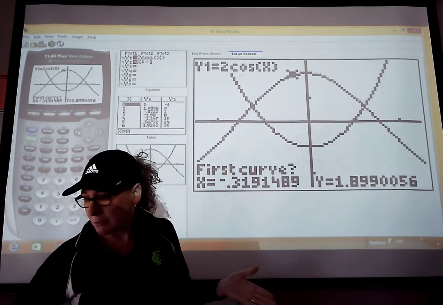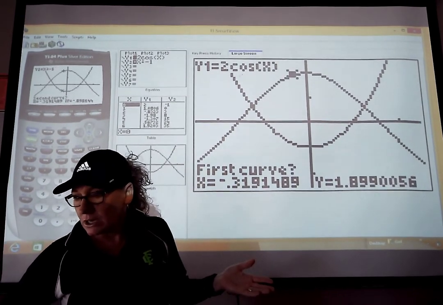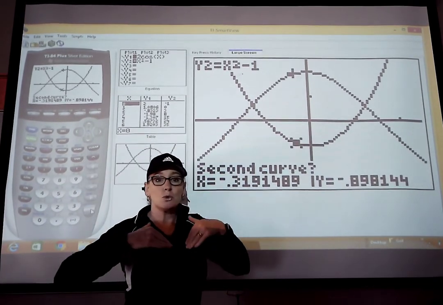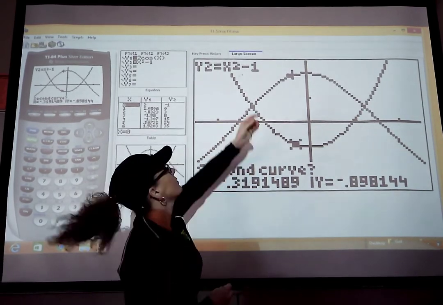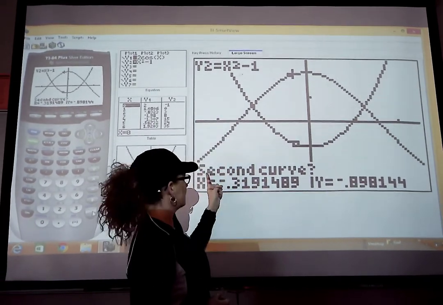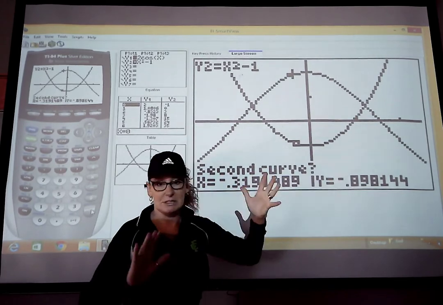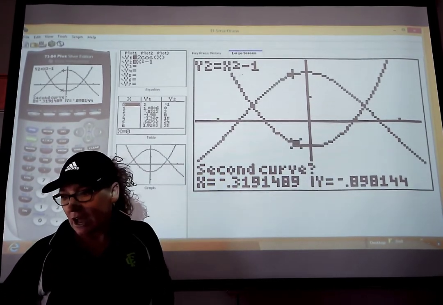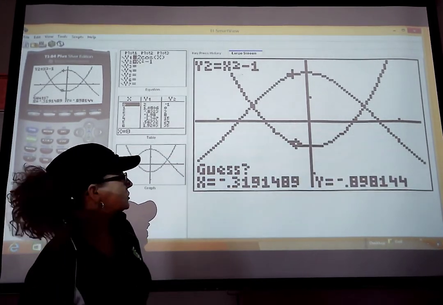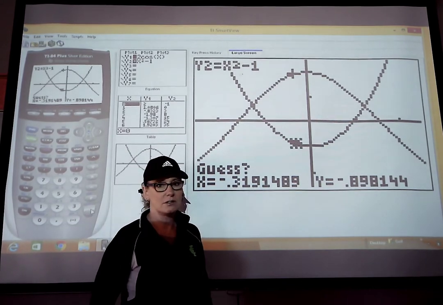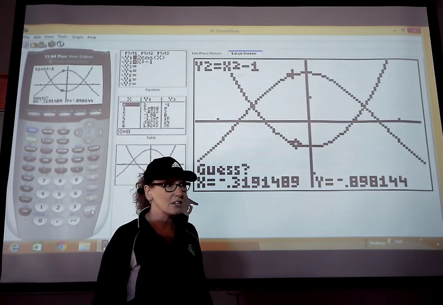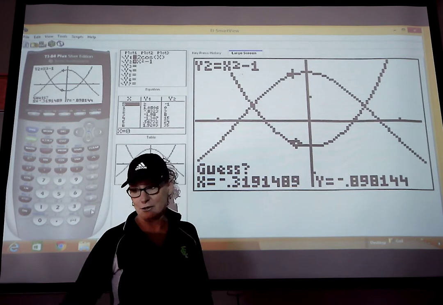I can hit enter for my first curve, and then it automatically jumps to what it thinks is my second curve, my y2, and it asks, do you want this to be your second curve? I'm going to say yes, so I'm going to hit enter. And then it asks me a really stupid question: do you want me to guess what the intersection is? Yes, graphing calculator, guess the intersection for me, please.